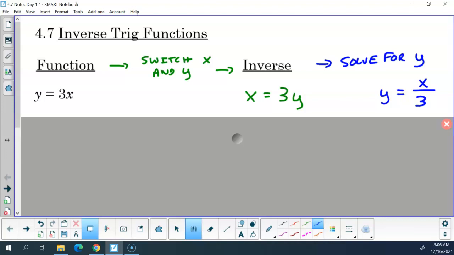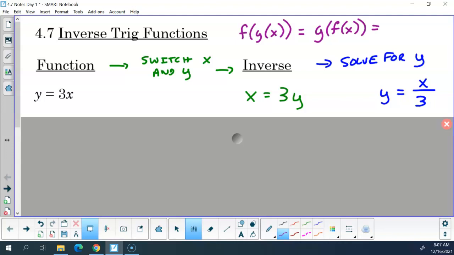Now, when we do compositions of functions, if we had two different functions, f of g of x and g of f of x, if those are truly inverses, when I plug one in for the other one, I should get back x.